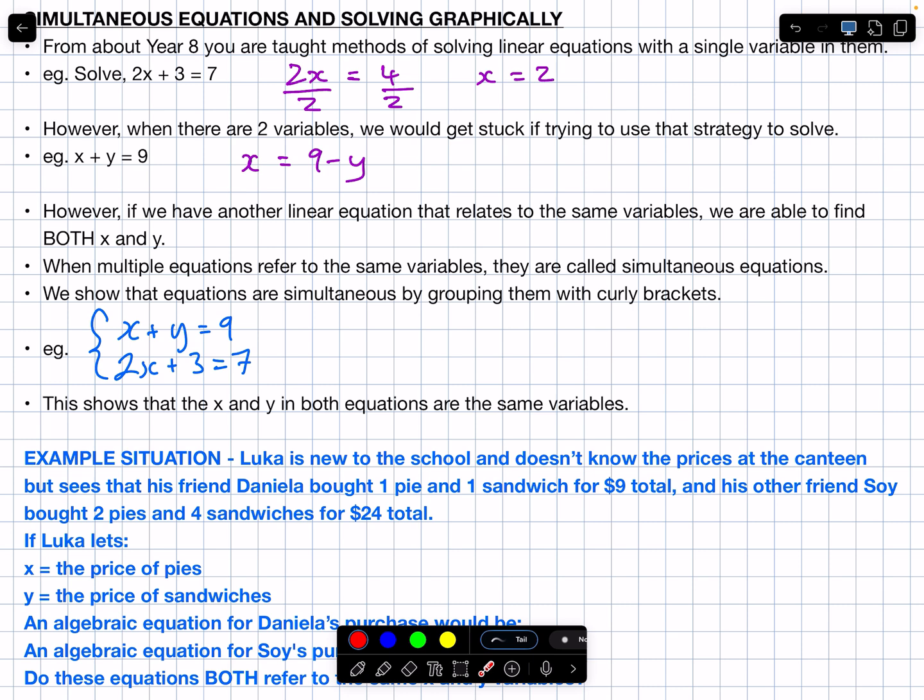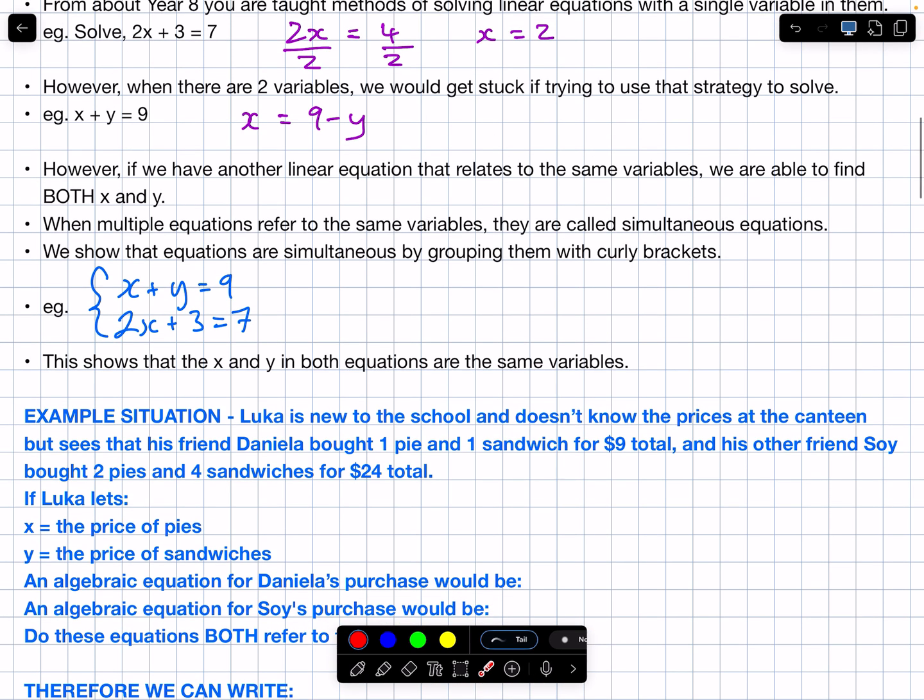When you have multiple equations referring to the same variable, they're called simultaneous equations. We can show that equations are simultaneous by grouping them with curly brackets like this.